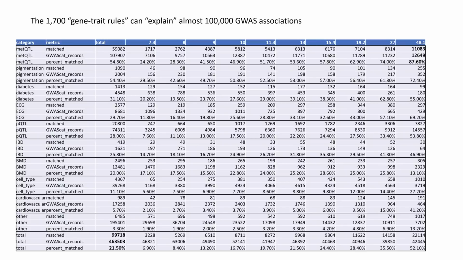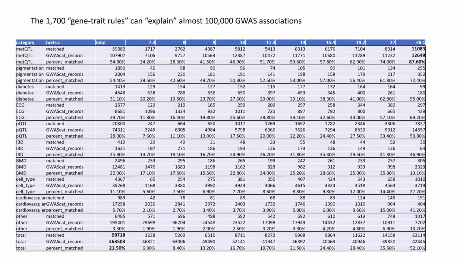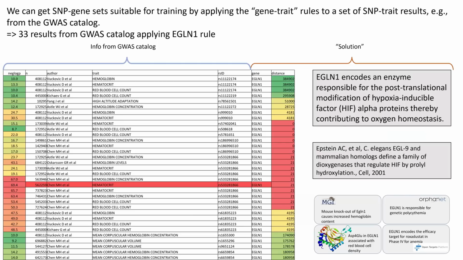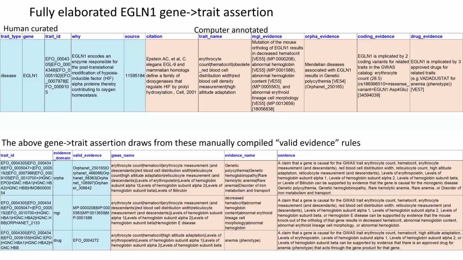Cool. I think there are two important lists. One is those effector gene lists. The other, and I don't know if this is on anybody's radar or how we want to do it, is this bottom part here. The top part I call the gene trait assertions.